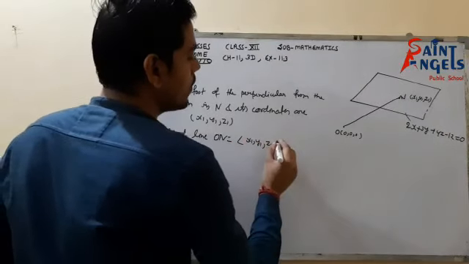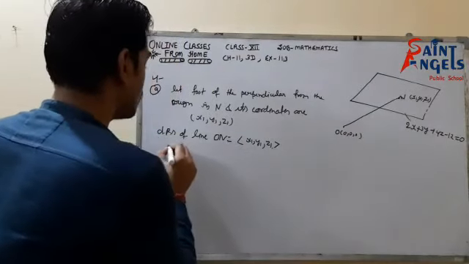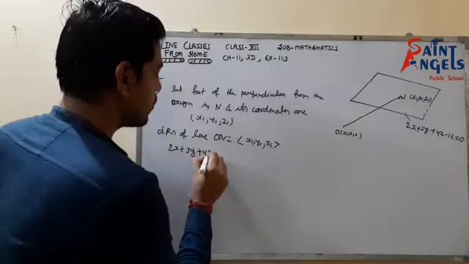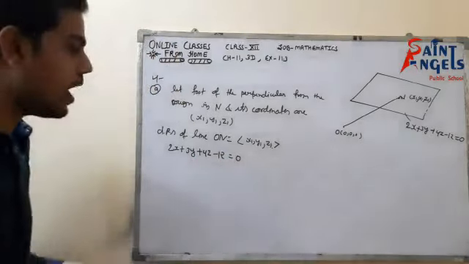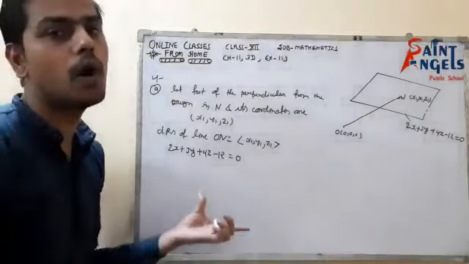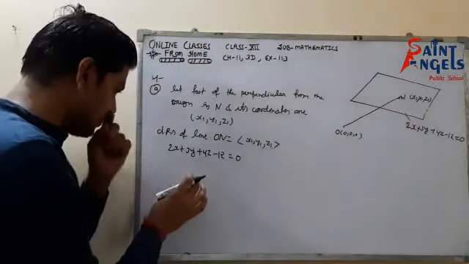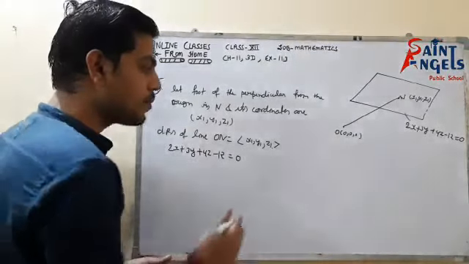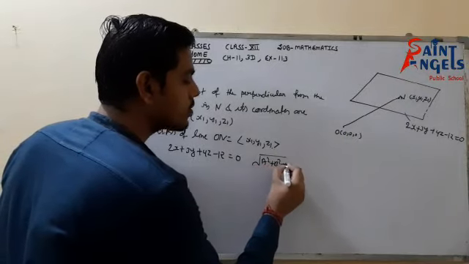Now the given plane is 2x plus 3y plus 4z minus 12 equals 0. I am converting this plane into the normal form, because this is normal to the plane. For that, you have to remember that we divide both sides of the equation of the plane by the square root of a square plus b square plus c square.